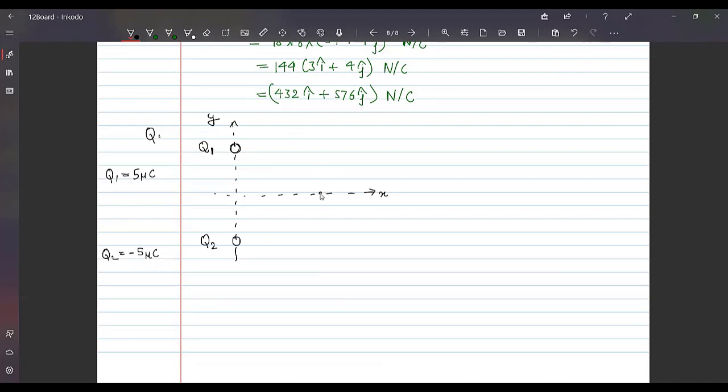Let us say you have to find the value of the electric field at point P. Its coordinates are 4 comma 0. The coordinates of Q1 are 0 comma plus 3, and for Q2 the coordinates are 0 comma minus 3. Of course, the units are in meters.